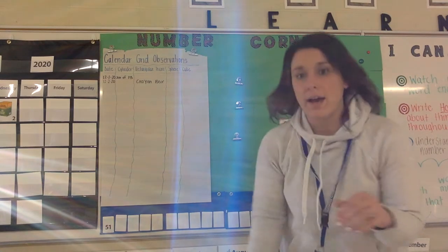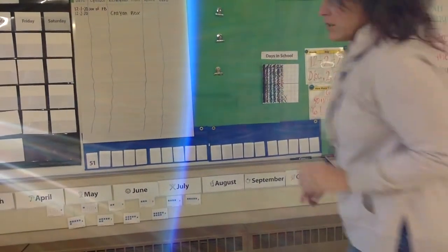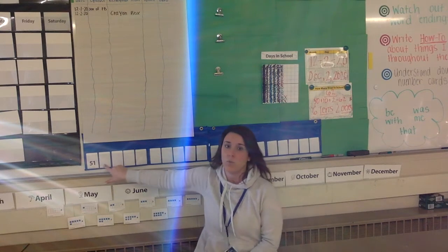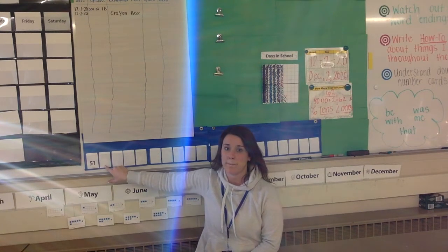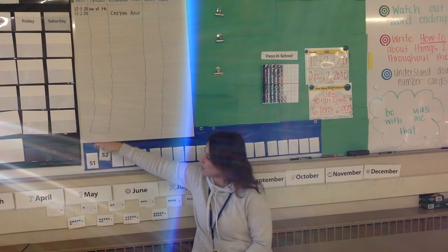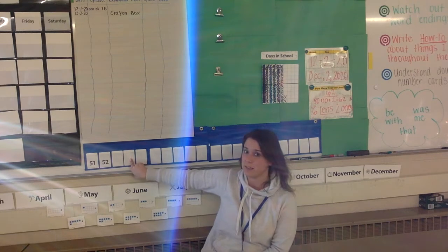We're going to take a look at our number line down here. So we're starting all the way over here on 51. What comes after 51? 52. What about if I skip 1 and I go to my next?